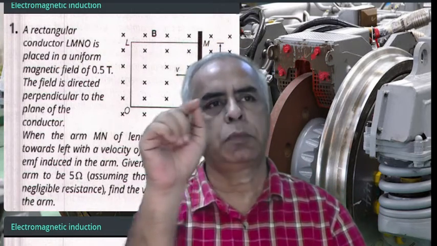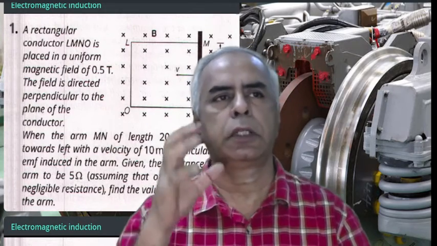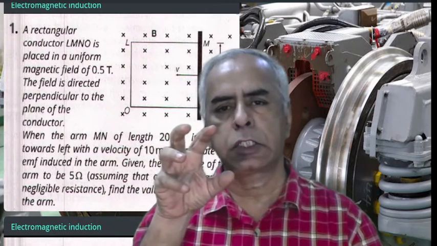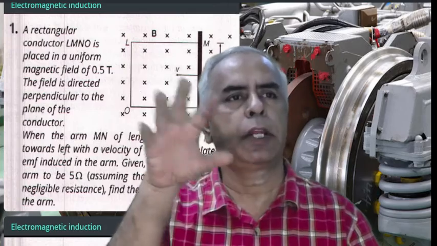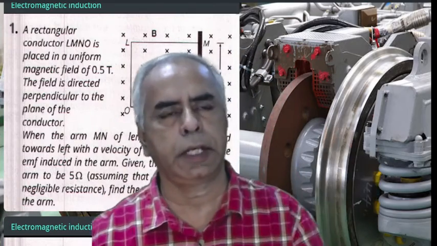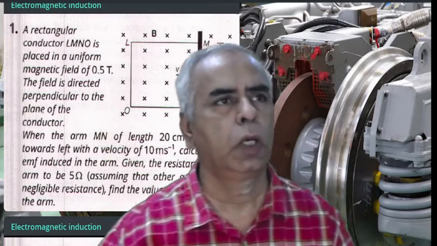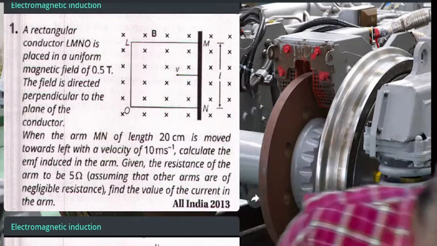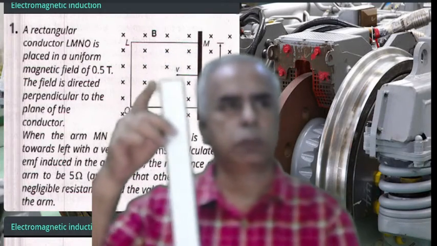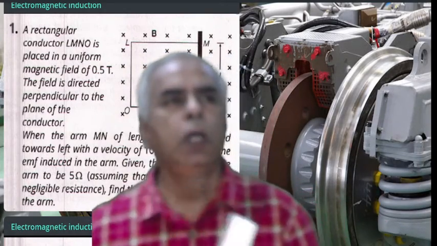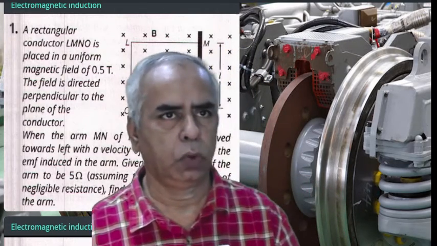See, the X marks are given. These X marks are representing the magnetic lines traveling inward vertically to the plane of the paper or this board or screen. And you have the metal rod MN, and you have the frame LMNO.